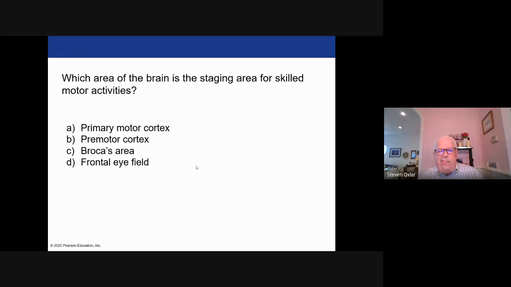What area of the brain is the staging area for skilled motor activity? The important word here is staging area. I would ask this question a completely different way, but it's what area of the brain is the staging area for skilled motor activities?